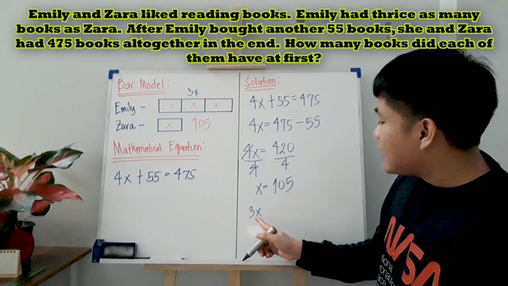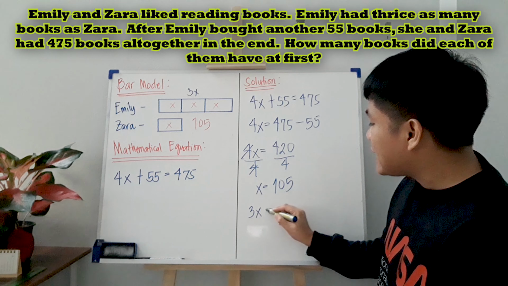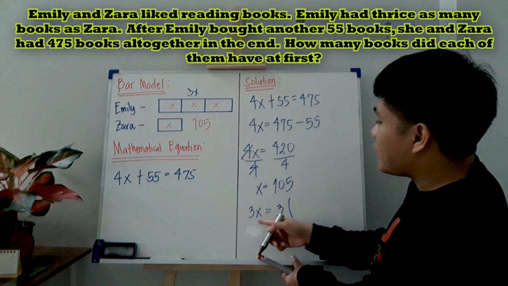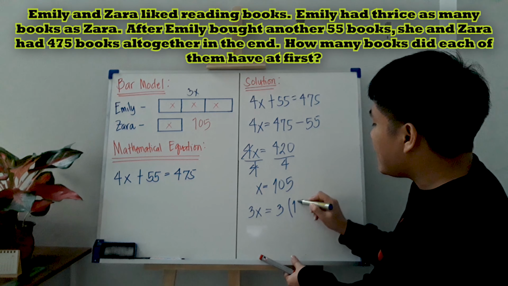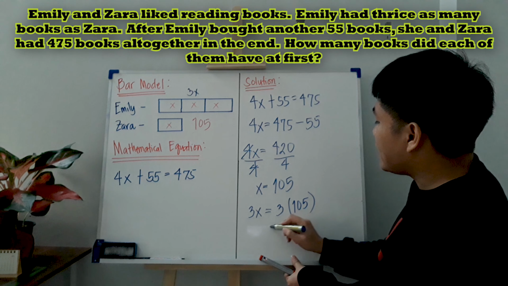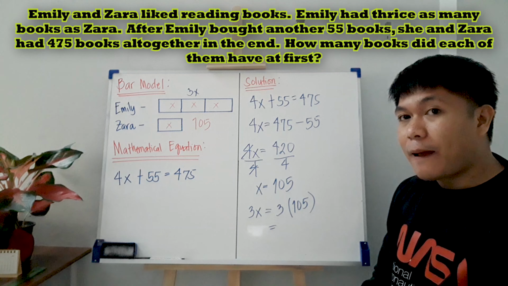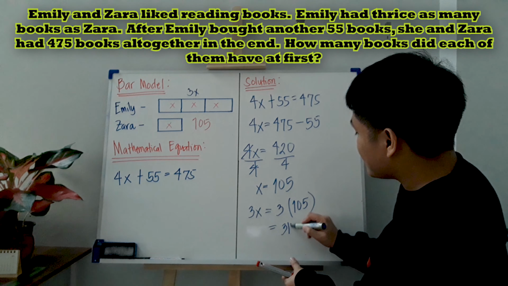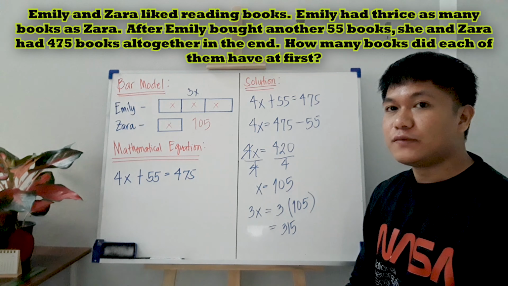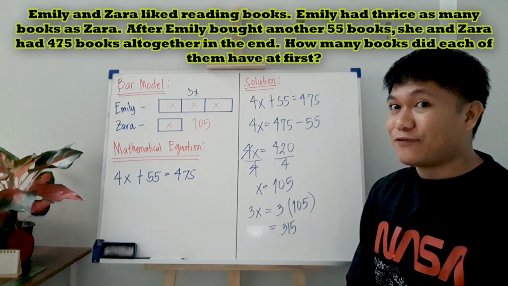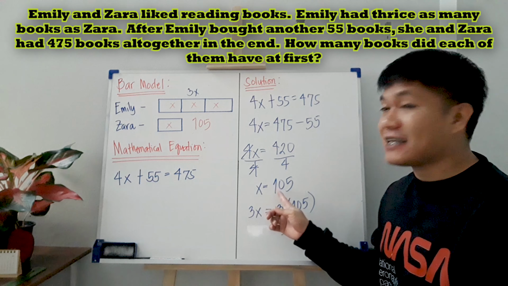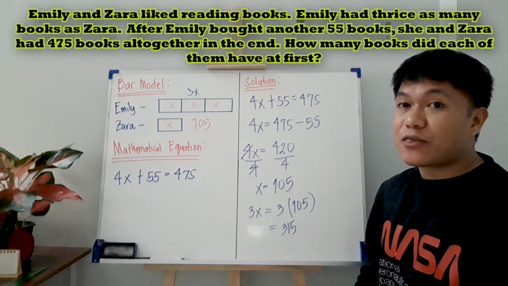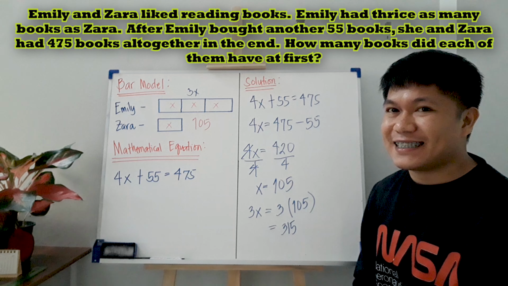That means 3 times x is equal to, we all know that x is equal to 105, so 3 times 105 is equal to 315. Correct. Therefore, at first, Zara has 105 books, and Emily has 315 books.